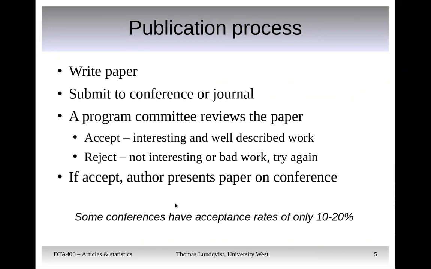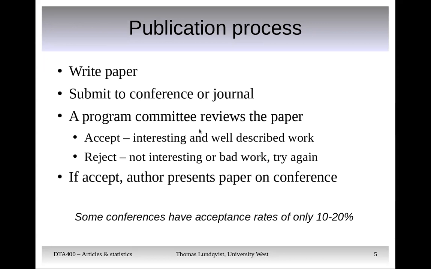As a researcher, when you're a PhD student or a PhD afterwards, or professor or whatever, you need to publish. A way to do this is that you write a paper, an article, and submit it to a conference.